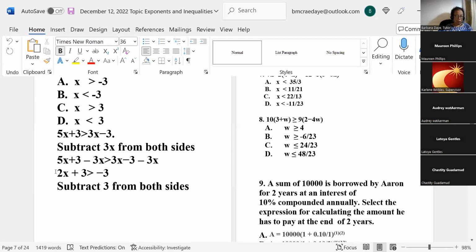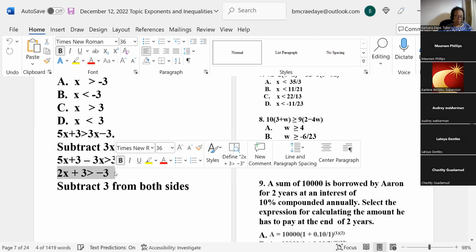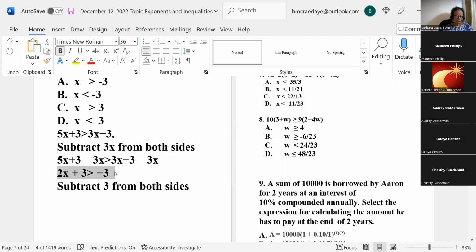Let's just take 2x plus 3 greater than negative 3 and subtract the 3 from both sides. Here we go. So we subtract a 3 on the left, and we subtract a 3 on the right.